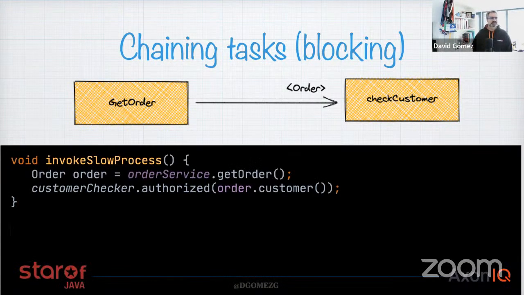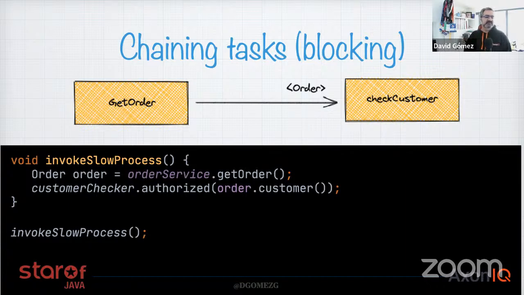So the way that we should do this is we are going to invoke our order service and get the order. And once we have the order, we are going to use check customer to see if that customer is authorized or is banned, or is allowed to place orders in our store.